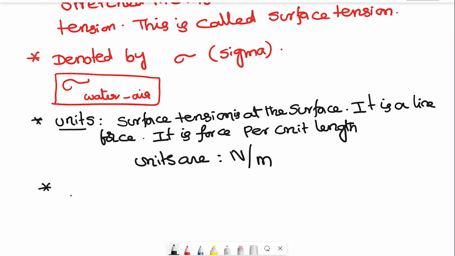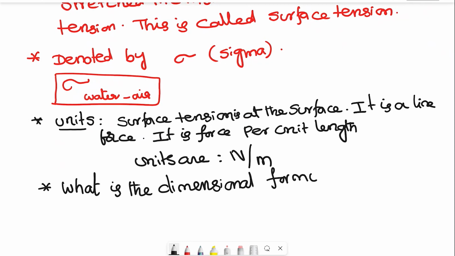Then next, what is the dimensional formula? Dimensional formula is always expressed in terms of mass, length, and time. Newton means force.